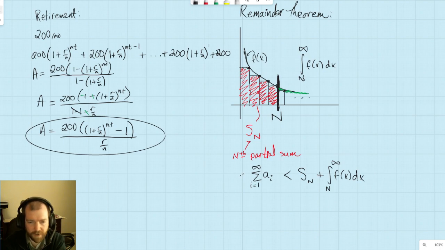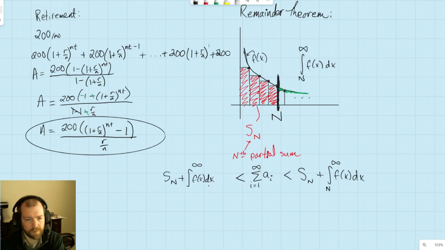And that, in turn, is going to be greater than s sub n plus another integral of f of x dx, which starts at n plus 1.